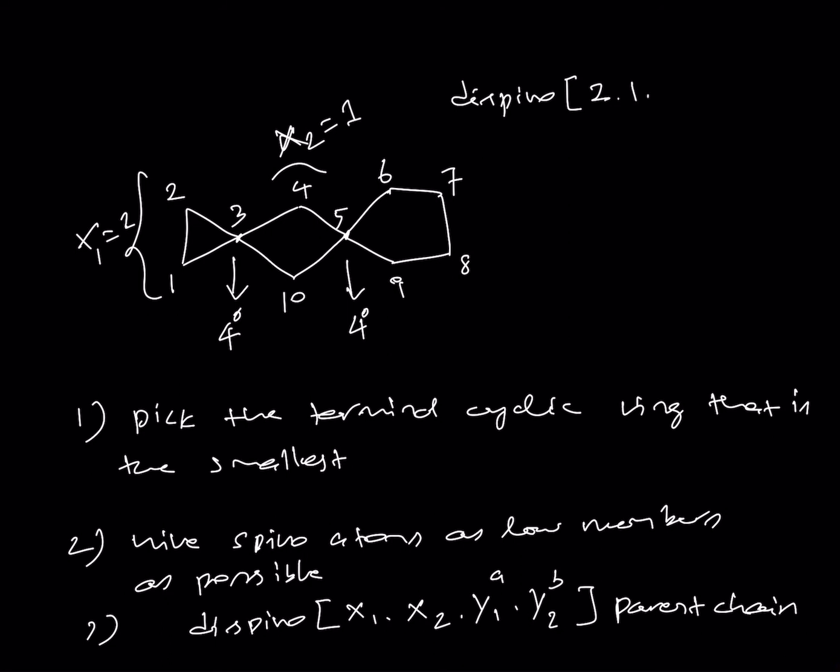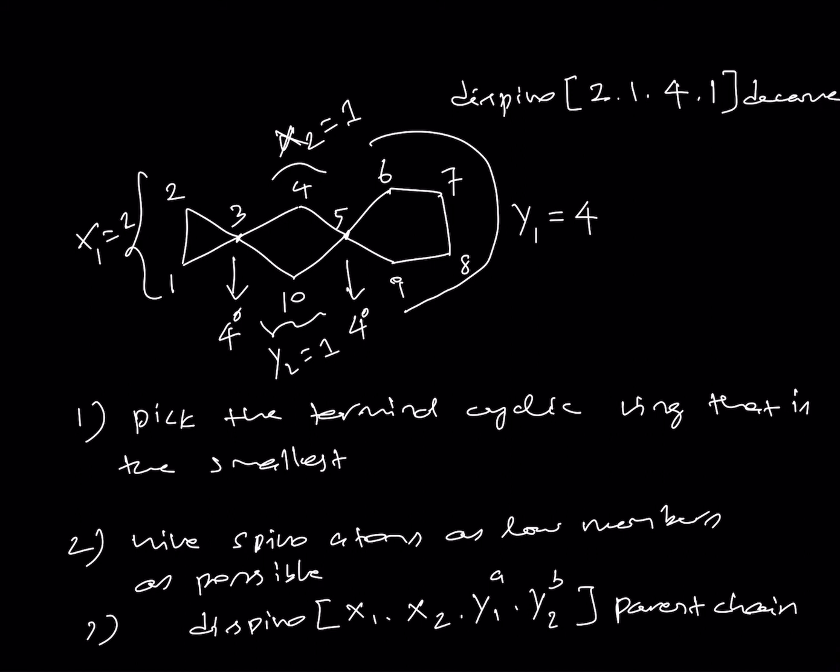And then the value of y1 is these 4 carbons, and the value of y2 is this 1 carbon. So 2.1.4.1, and then close the bracket. In total we have 10 carbons. So that means it's a decane.